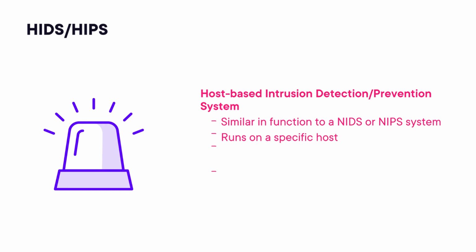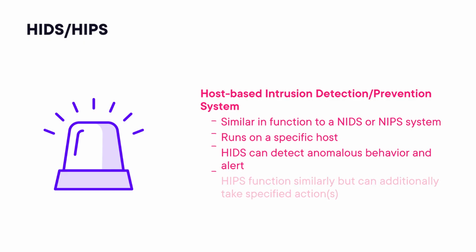Now, HIDS systems can detect anomalous behavior and alert as needed. The differentiation being HIPS, or intrusion prevention system, functions similarly but also can take additional action if necessary. So not just alerting, but it can actually take action: shut down ports, turn on specific applications, logging, and so on and so forth.